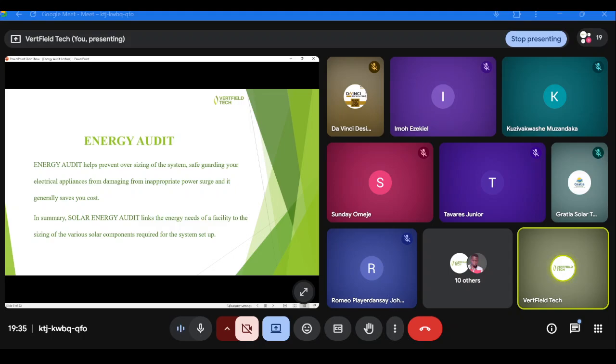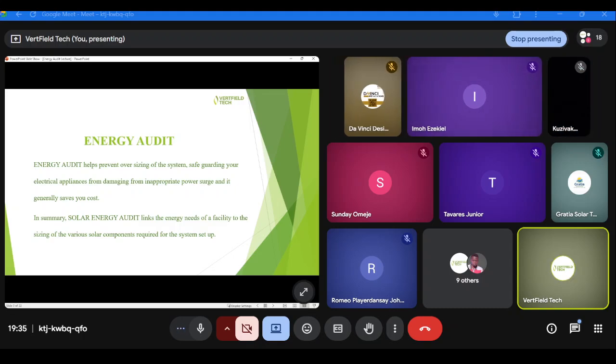In as much as the work was delivered as it's supposed to be delivered, however, we haven't done the best we were expected to do. Why did I say so? Because in the process of system design, when you consider energy audit, you are expected to go through a process of getting to know the energy being consumed by that facility, by Mr. Junior's facility.